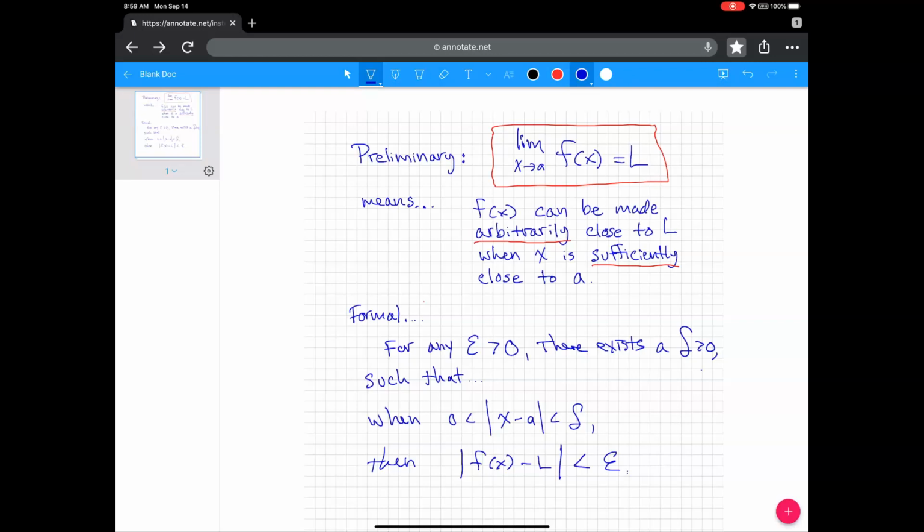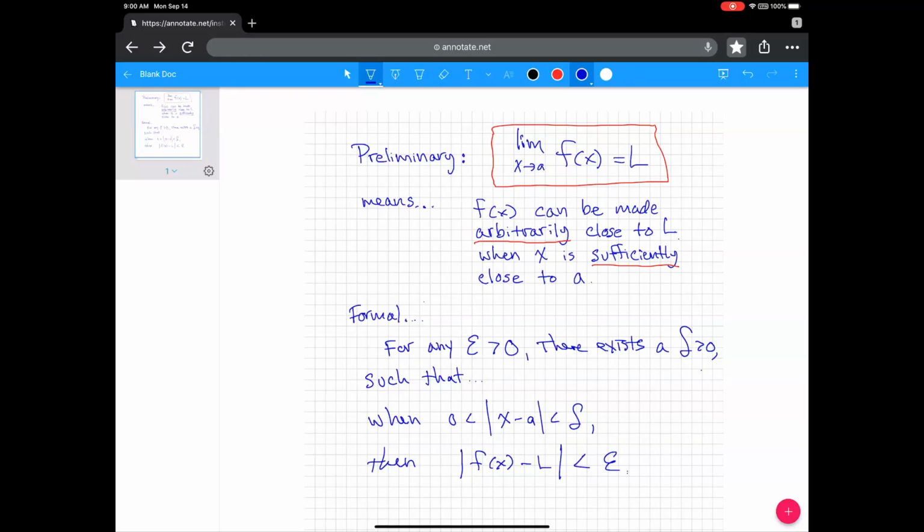So the idea, it's hard to read with these Greek letters and everything, but the idea is that we want to claim that as x gets close to a, f of x gets close to L. And the preliminary definition was that f of x can be made arbitrarily close to L, meaning closer than any number, which we're now going to call epsilon. And that can be made to be true when x is sufficiently close to a. And how close is sufficiently? We're calling that number delta.